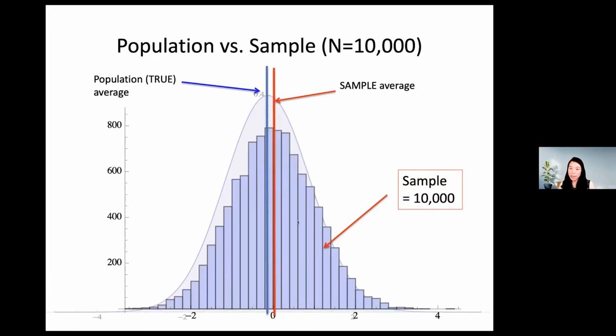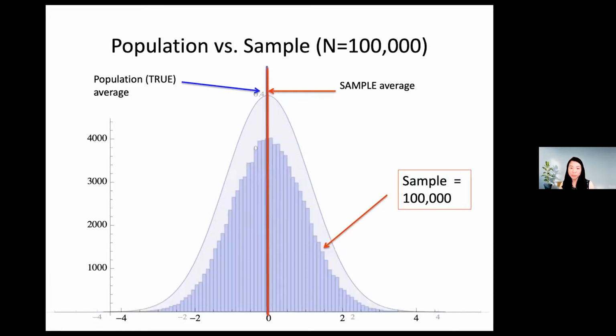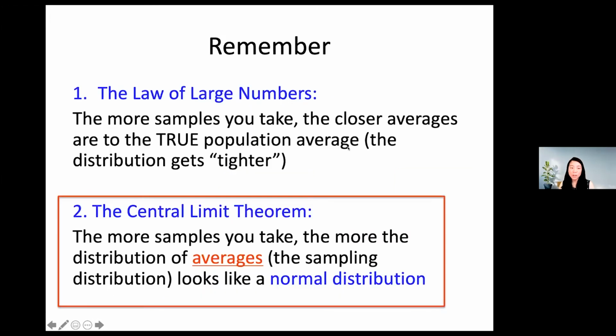When the sample size increases to 10,000, basically what we see here is the sample distribution overlaps with the true population distribution. So this is the law of large numbers. Again, when you increase to 10,000 students, you get an even nicer distribution here.